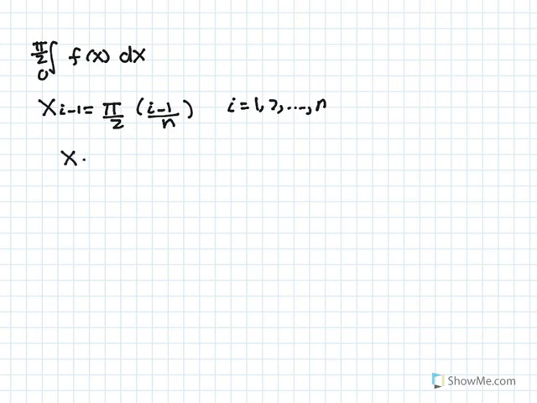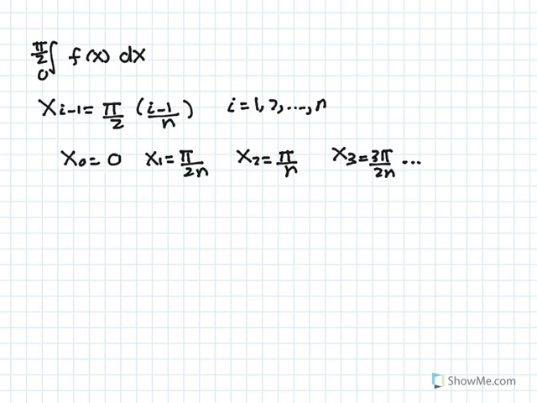So x0 is going to be, putting i equals 1 into the expression, 0. x1 is going to be pi over 2n. x2 is going to be pi over n. x3, plugging i equals 4 into this expression, is going to be 3 pi over 2n. And x_{n-1} is going to be pi over 2 times (n minus 1) over n.